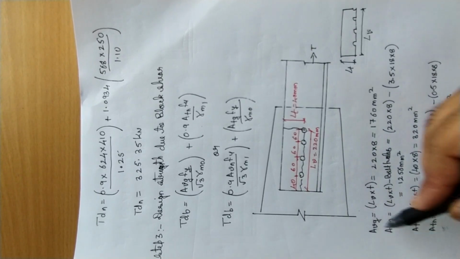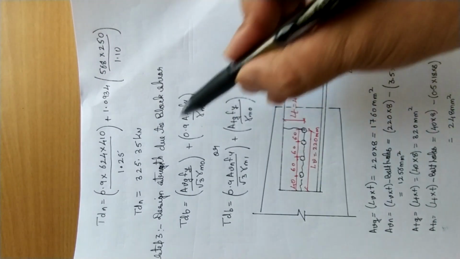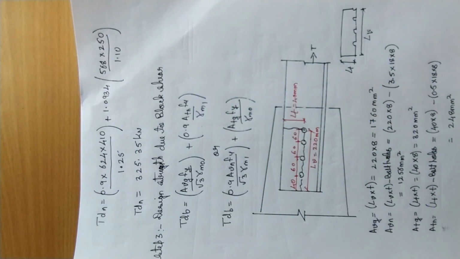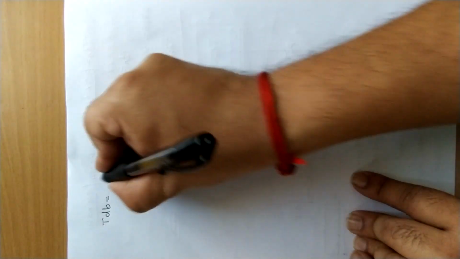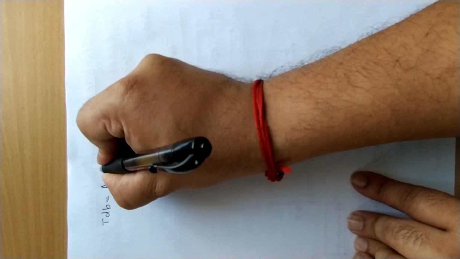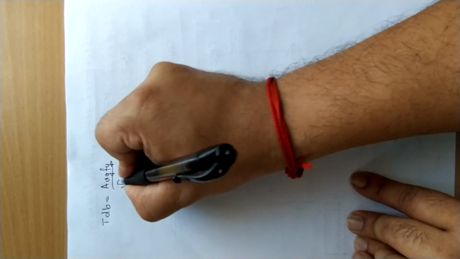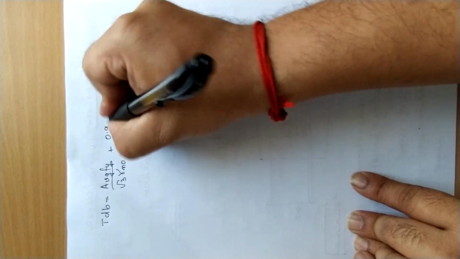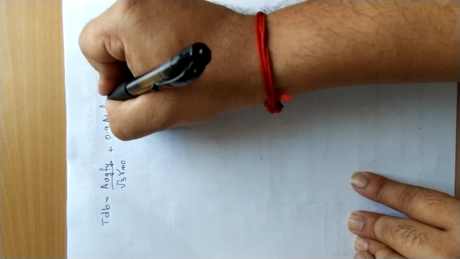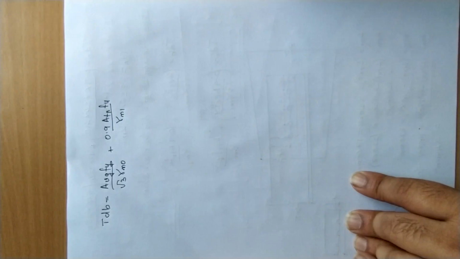Now if you see, we have all these 4 components, so we can substitute and get the answers for this. So let us substitute and check the answers. So TDB is AVG Fy divided by root 3 gamma m naught plus 0.9 ATN Fu divided by gamma m1.